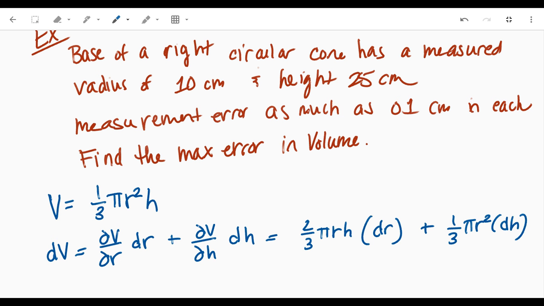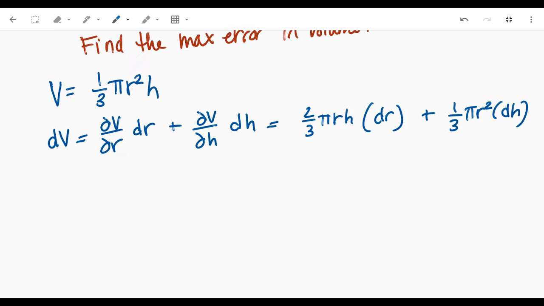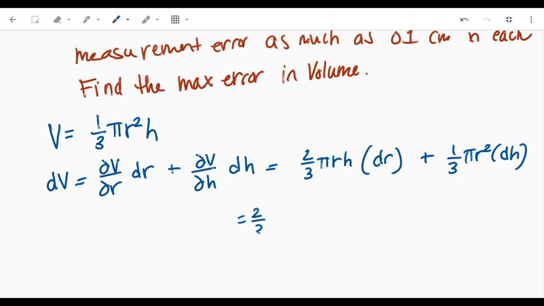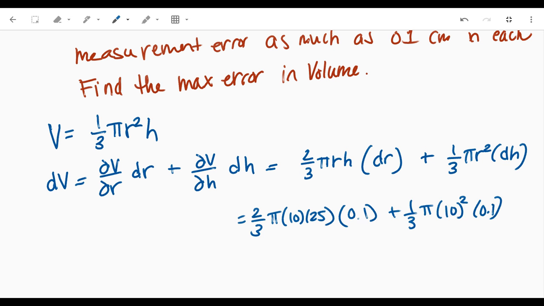Okay, so now we can just plug in our values with r being 10, h being 25. And then dr, the differential in the r direction, and dh, the differential in the h direction, that's the error. So 2/3 pi times 10 times 25 times 0.1 plus 1/3 pi 10 squared, also times 0.1. So let's see here. 250 times 2 would be 500 times 0.1 is 50 pi over 3.